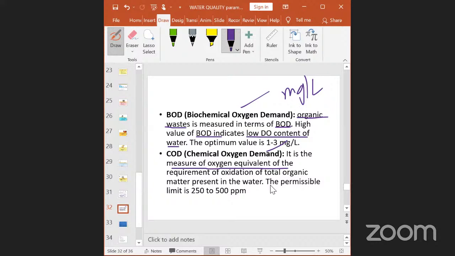The permissible limit is 250 to 500 ppm. COD measurement can be taken within a few days. It is determined with the help of a strong chemical oxidant, usually potassium dichromate, in acidic medium in the presence of a catalyst.